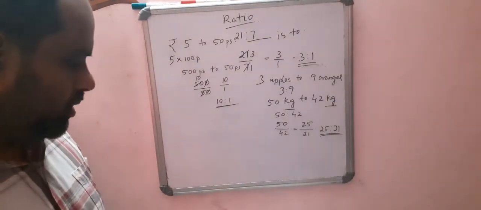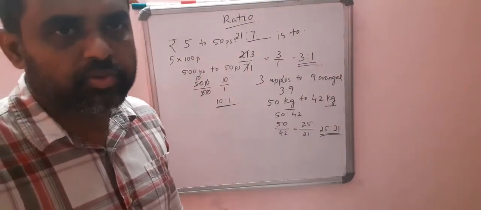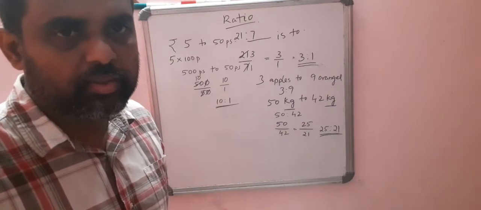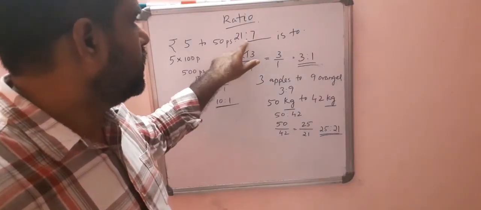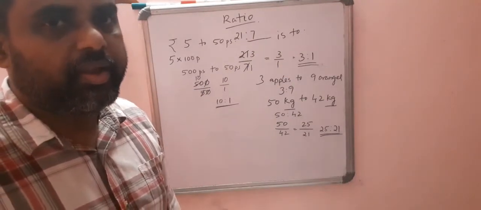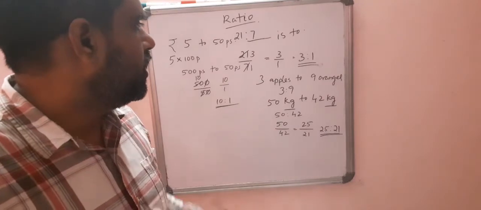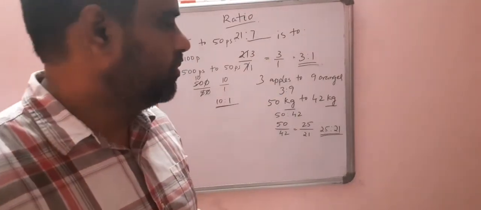Okay, children? So ratio is basically used to compare quantities by division. So 'is to', or this colon symbol, is used for identifying ratio. Ratio should be shown in its simplest form.